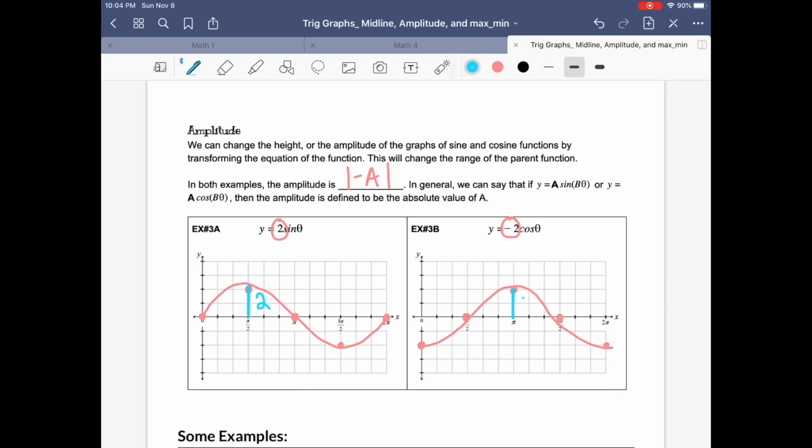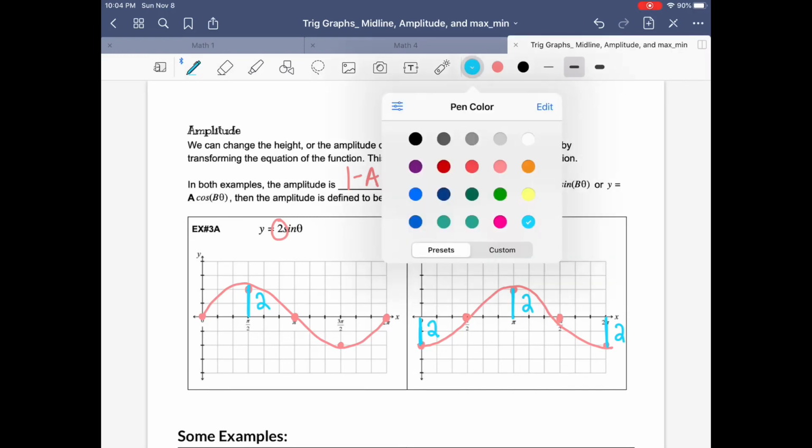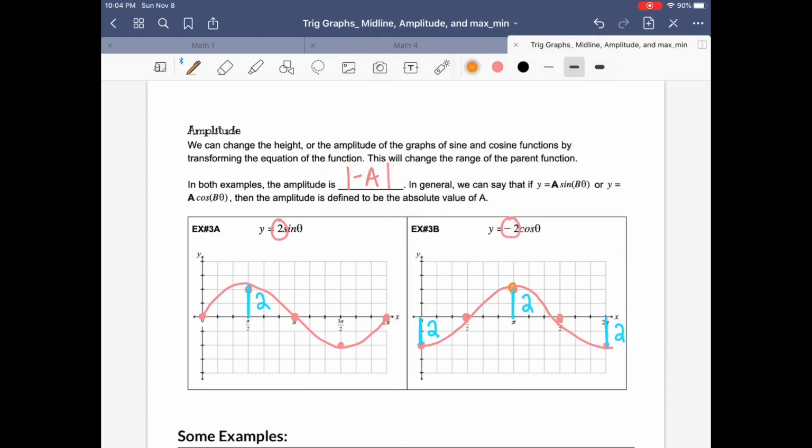But again, regardless, I still have an amplitude of 2. Even if I use this one down here, that's still going to be my distance from the midline to the top of the crest. This one also has a maximum value at 2 and a minimum value at -2.